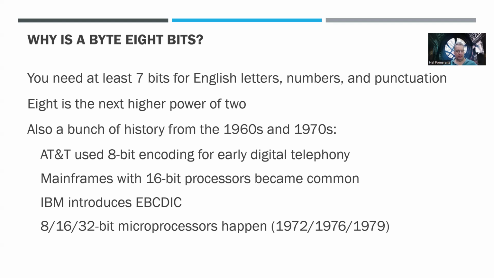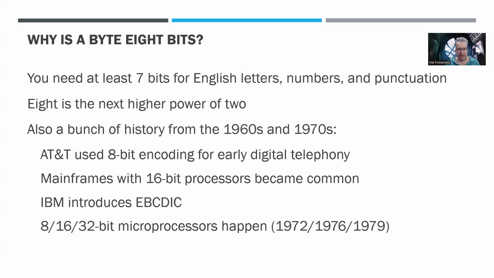And so EBCDIC was a competitor to ASCII that IBM created. And EBCDIC, because it did binary coded decimal, actually ended up wanting 8-bit bytes. So EBCDIC was an 8-bit character set that was used in IBM mainframe equipment. Okay. So all of that kind of converged in the 1960s and made 8 bits kind of the standard for a byte and 16-bit kind of the standard for processors.